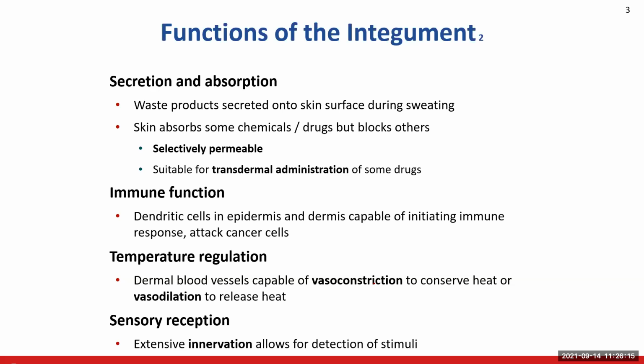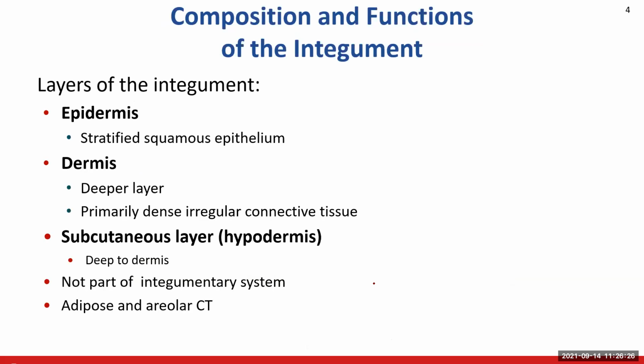If it's too hot, you need to get out of the sun, or if it's too cold, you need to move in from the cold, right? So again, skin is a wonderful organ that allows us to monitor all the sensory receptors there. All right, so let's move in and talk about the integument here.